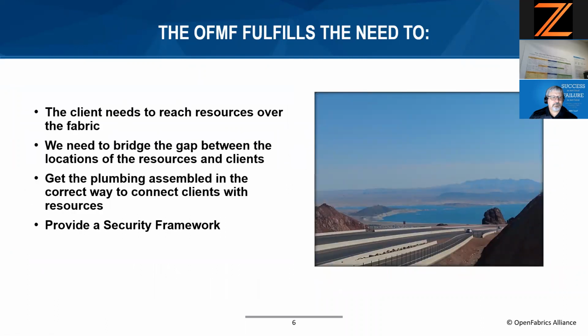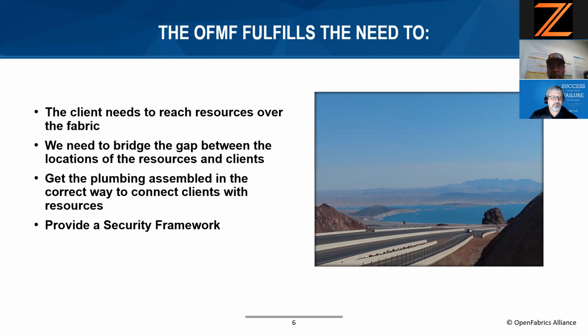So when you need to attach memory or accelerator cards, those are considered resources, and you need to connect them to a computing client. You can go out to the OFMF and find available resources and connect to them in new novel ways.